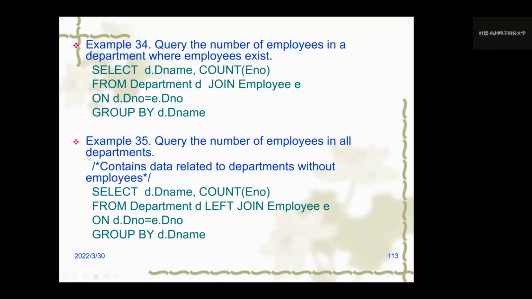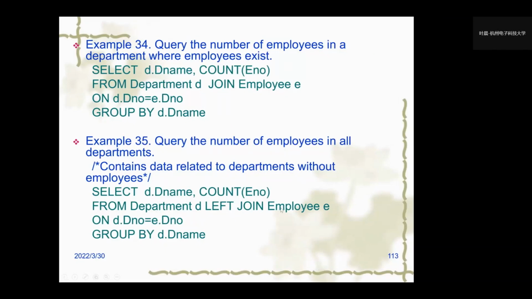For this condition, we need to use the left join to retain the information of the department, although the department has no employee. So for this situation, we need to use the left join.